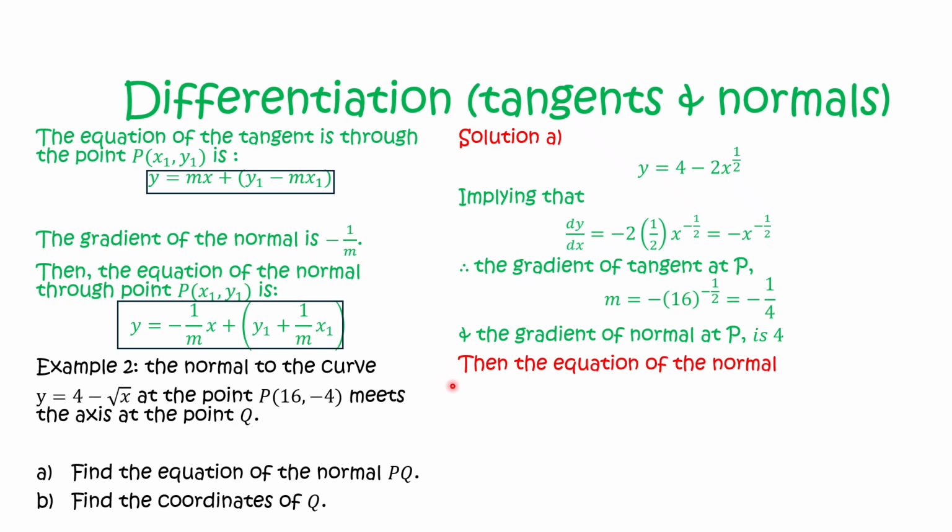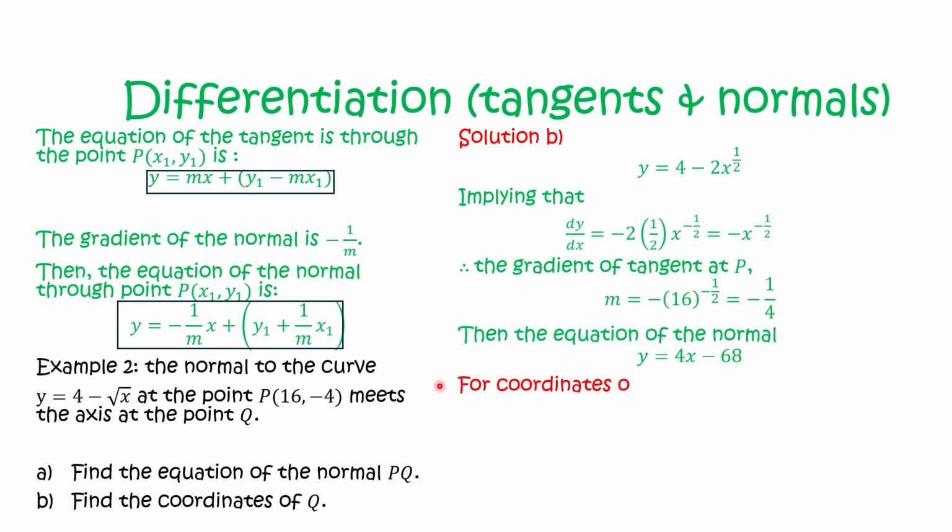Then the equation of the normal is going to be given by y minus y1 equals m times x minus x1, so if we substitute for the gradient of the normal, which is 4, and for the x1, which is 16, we can simplify this in order to get y is equal to 4x minus 68.